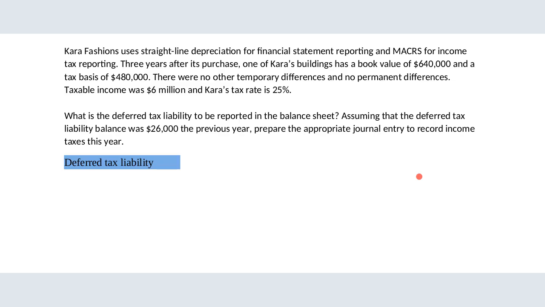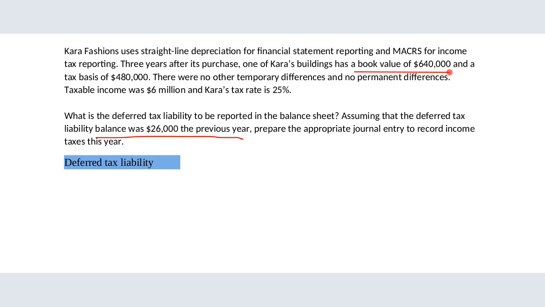Taxable income was 6 million. Cara's tax rate is 25%. What is the deferred tax liability? However, our deferred tax liability now has a beginning balance, which we need to take into account when formulating our journal entry. Another twist to this story is that we were given book value, right?